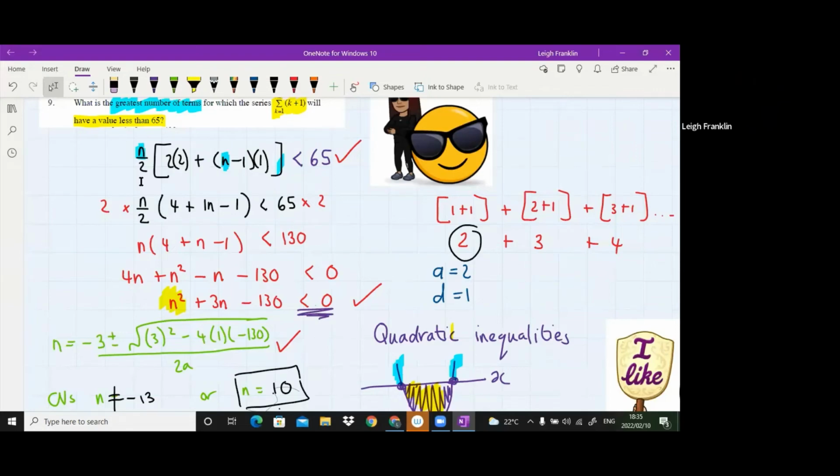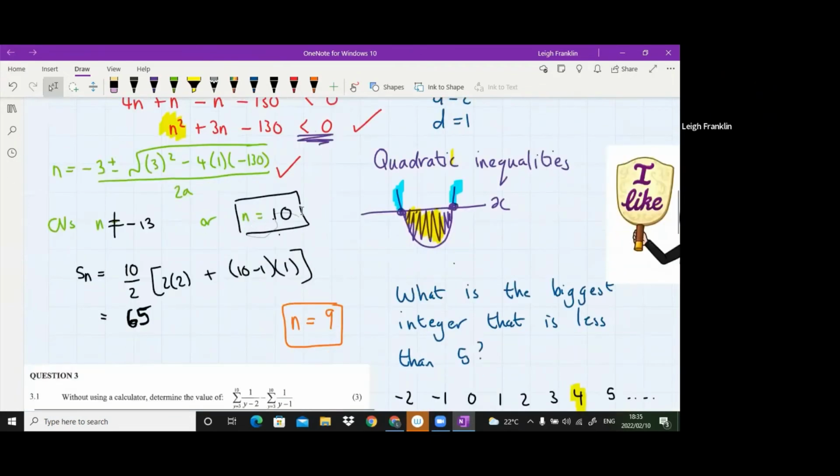They are asking what number of terms we need so that Sn is smaller than 65. So when we work out that n is 10 when Sn is 65, we have to go one smaller because we want less than 65. So that's the final answer. n would have to be 9.